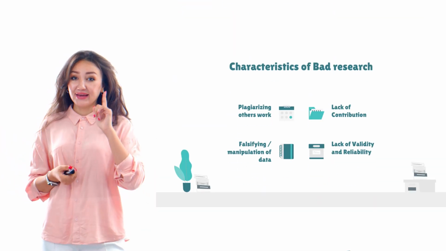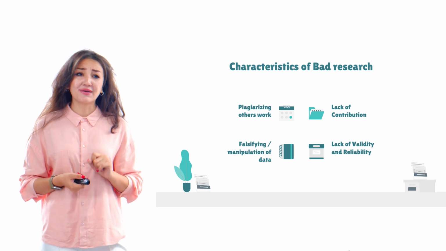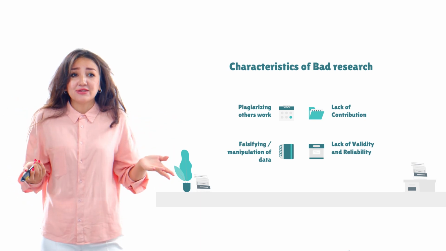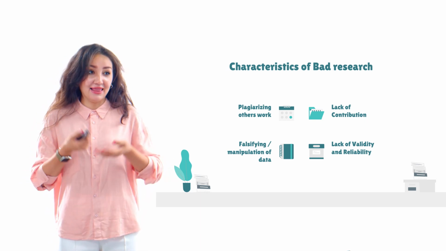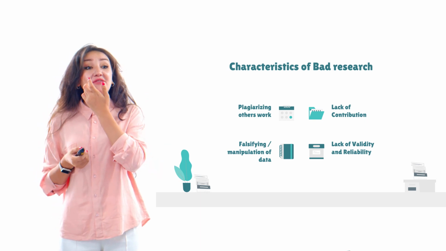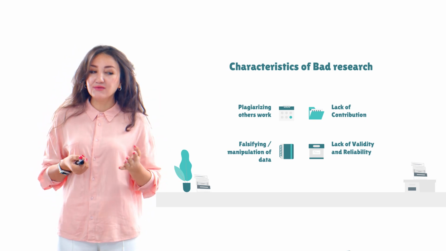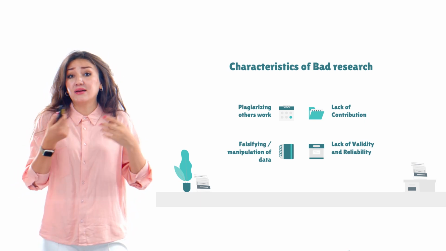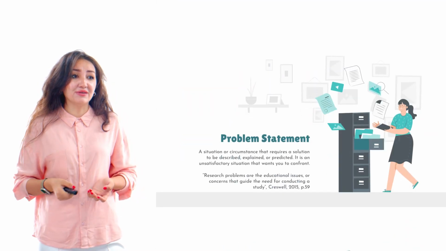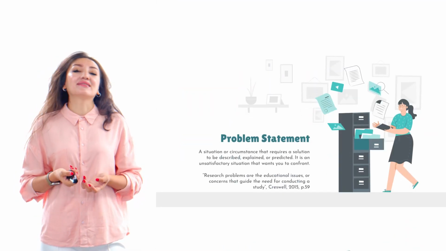Characteristics of bad research, which we face every time: plagiarizing others' work, lack of contribution, false manipulation of data, which is considered a crime, and lack of reliability or validity of the research. Those are the bad characteristics.